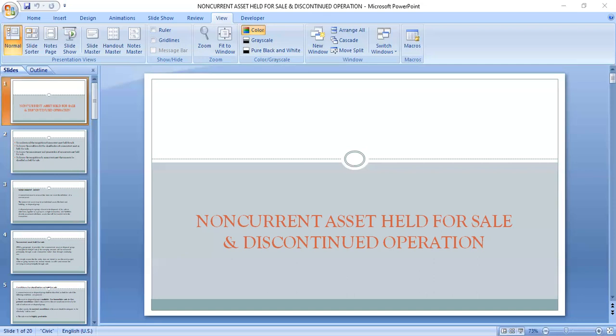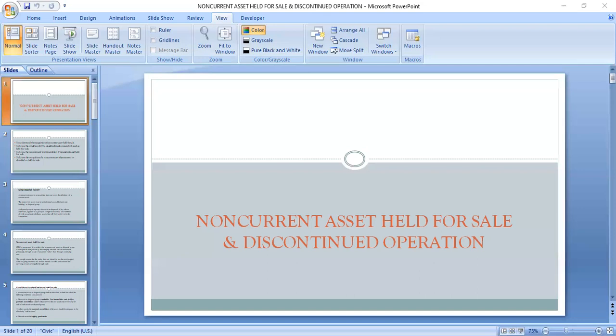Now we have the presentation in the statement of financial position. Separately on the face of the statement of financial position, present the following. A. Assets of the component held for sale separately. B. Assets held for sale are measured at the lower of fair value less cost of disposal and their carrying amounts.